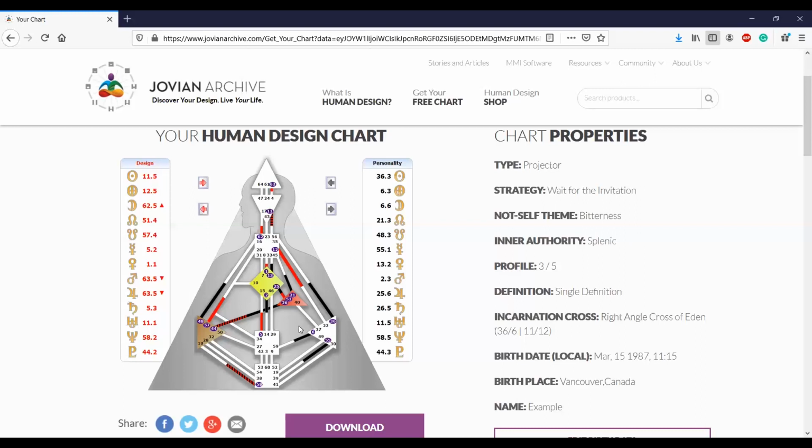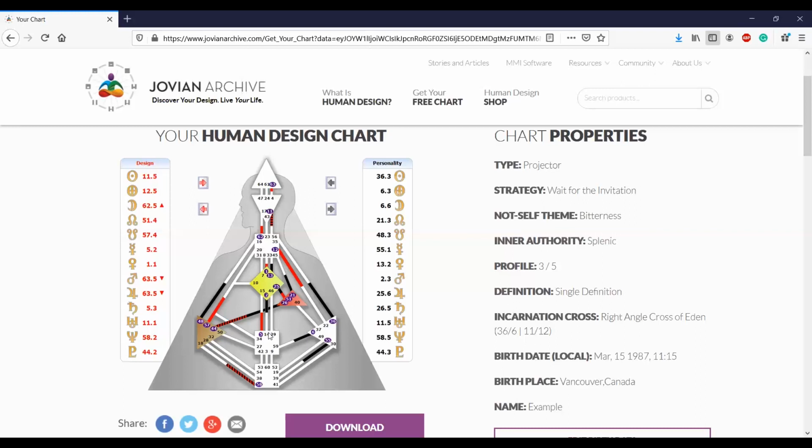Then on the right hand side, we have our solar plexus, where our emotions and how they play out live. On the opposite side, on the left hand side, this triangle is called the spleen, which is the survival, well-being, as well as intuition center. Then we have the sacral center, the one in the middle. This is where life force and reproduction take place.